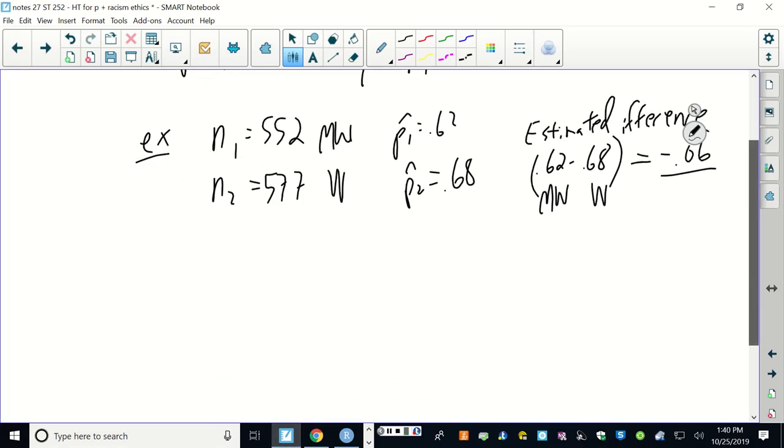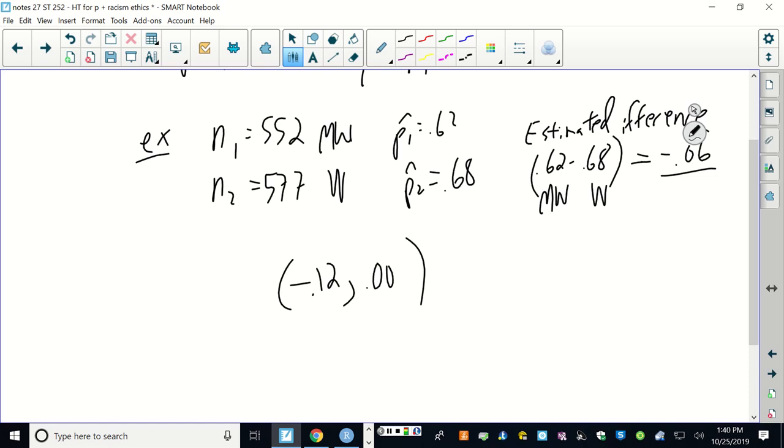So we get our interval, it's negative 0.12 up to just about 0. Right? And it's just a little bit less than 0. So I guess we would conclude that there is a difference that's negative, and we really don't believe that they're equal. Very close to that upper end. Again, our estimate is in the middle, negative 0.06, and the interval is narrow enough to do that.